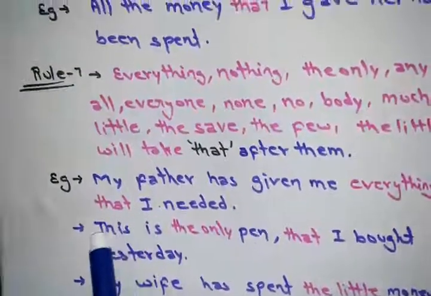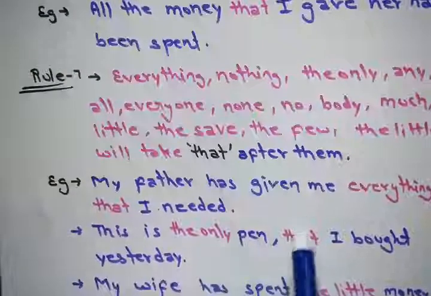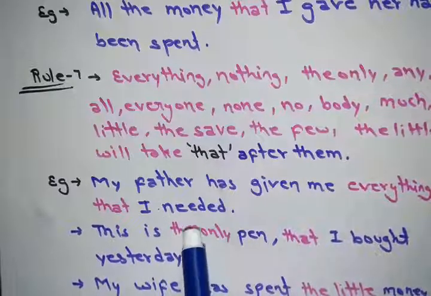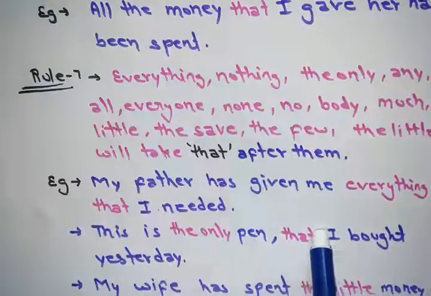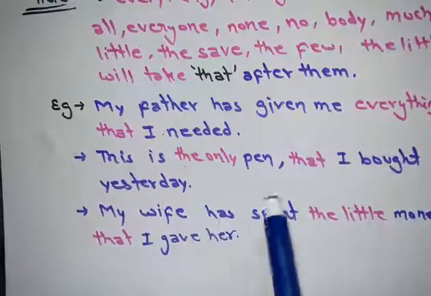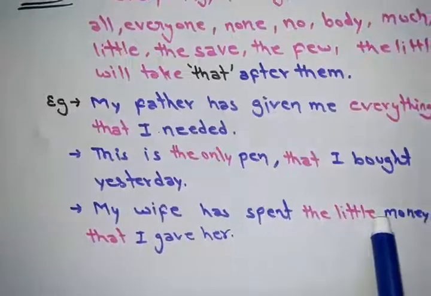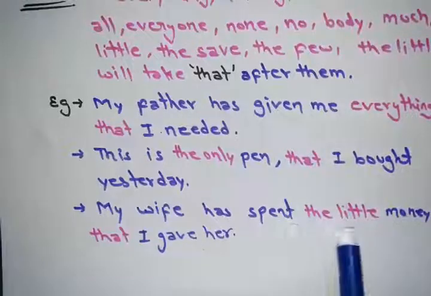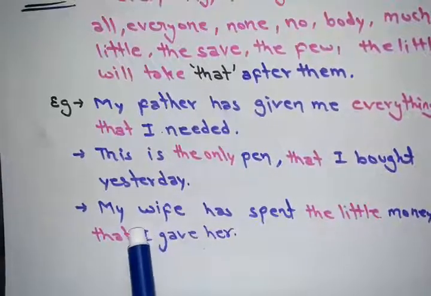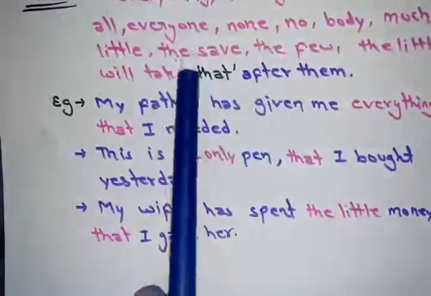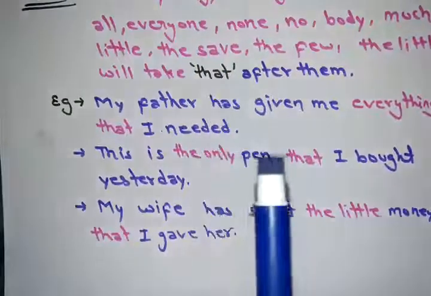Second example, this is the only pen that I bought yesterday. The only pen, therefore we use that here. Third example, my wife has spent the little money that I gave her. The little money, therefore we use that here. So after these words, always use that.